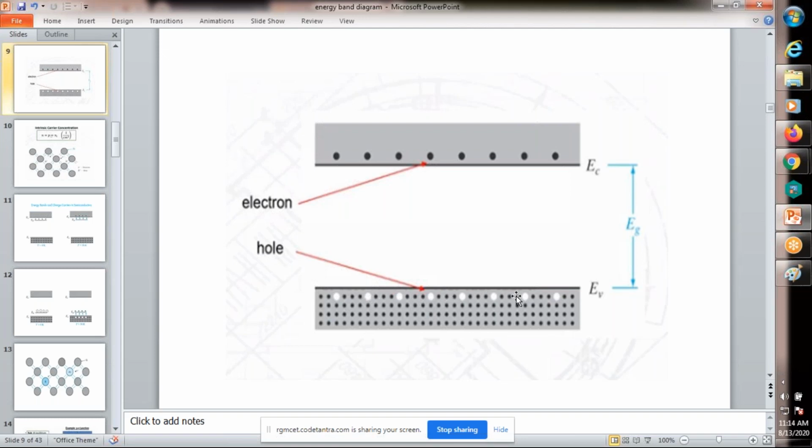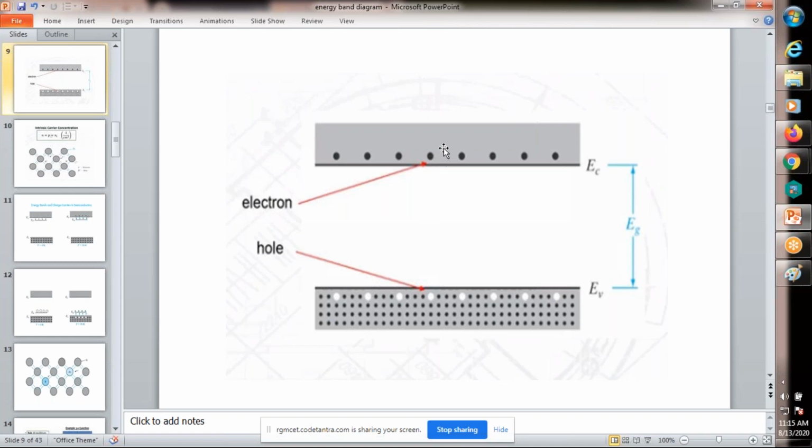Like this, hole transfer takes place in the valence band. Whenever hole movement takes place in the valence band, it results in current. Current results due to the hole movement in the valence band. Remember that hole movement takes place in the valence band only, and hole current only in the valence band.